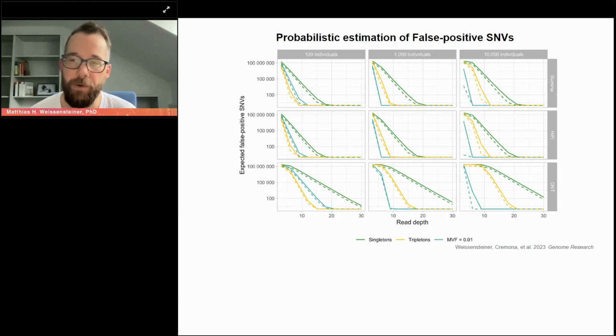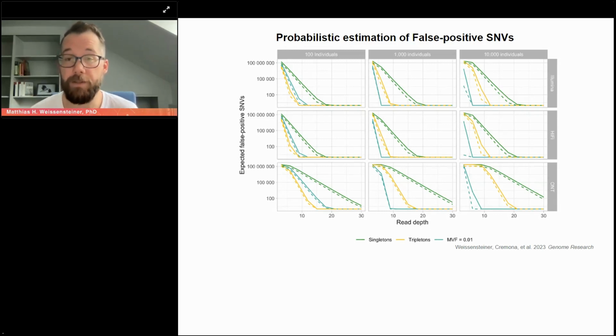To summarize all these figures, the columns correspond to different numbers of individuals, ranging from 100 to 10,000 individuals. And rows, again, correspond to Illumina, HiFi, and ONT. But across all these technologies and sample size situations, it is pretty evident that increasing read depth reduces the number of false positives.